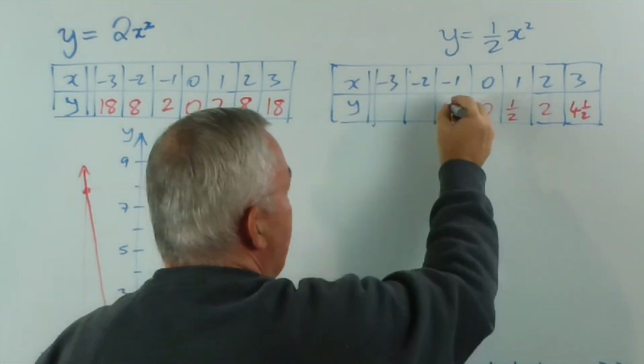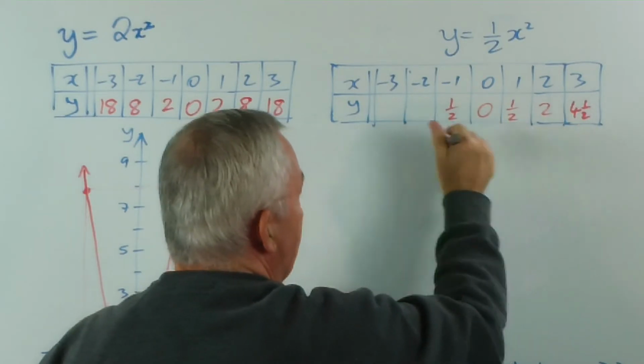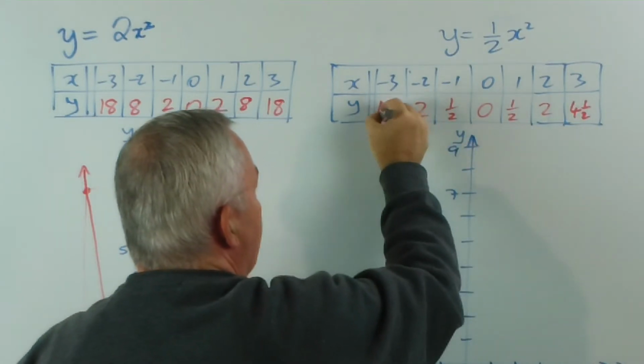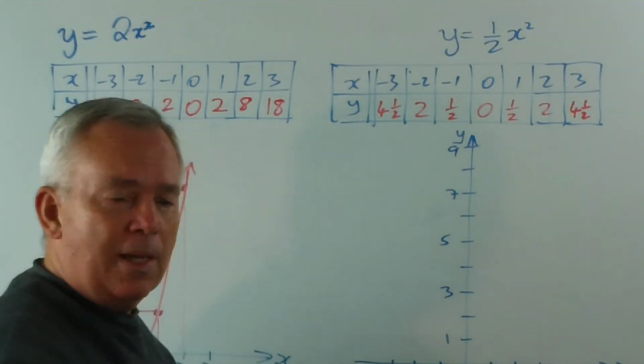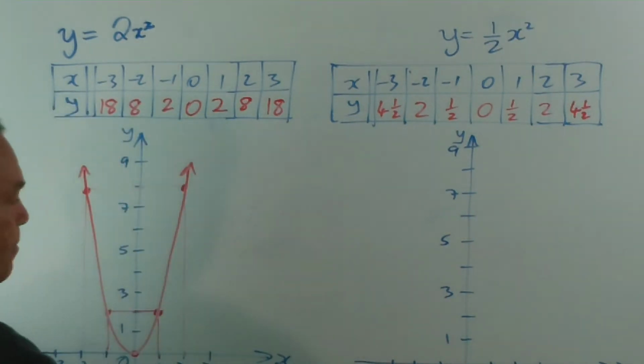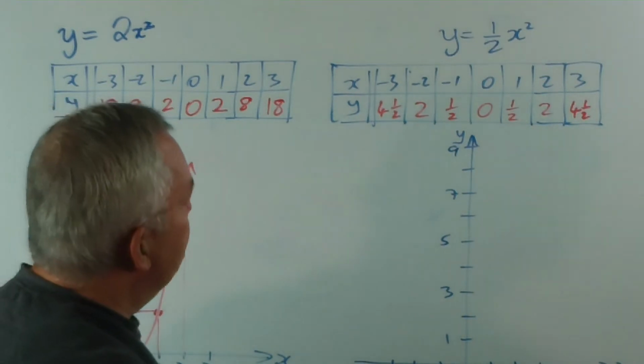Without going into detail, these numbers will match these, because one of the nice things about parabolas is that they are symmetrical. They have symmetry about a vertical axis, at least these ones do.